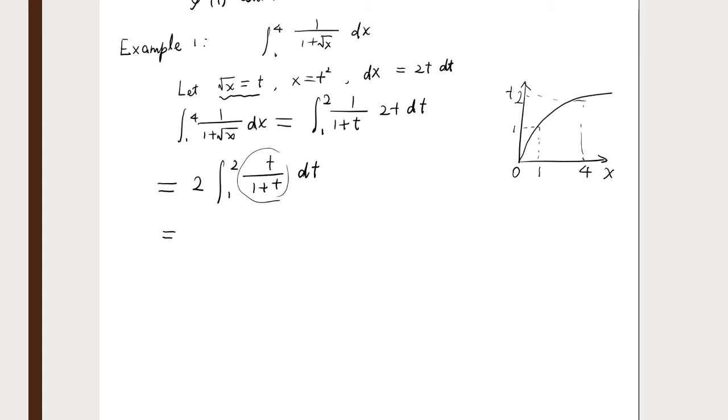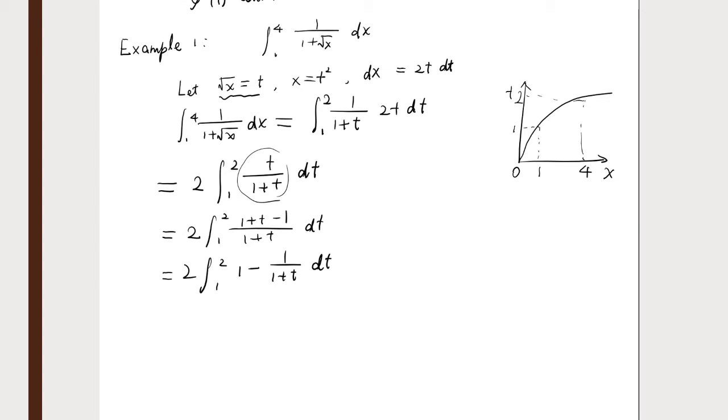So this time we can simply do the minus 1 and then plus 1 operation. So we're going to have 1 minus 1 over 1 plus t dt.